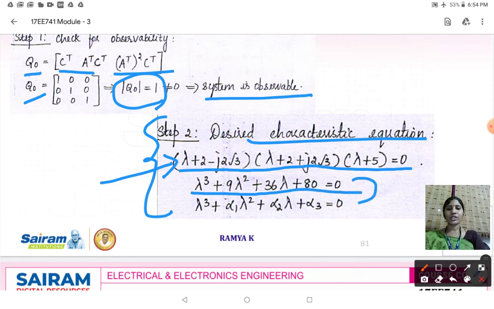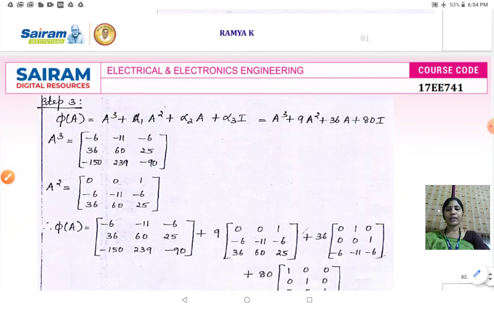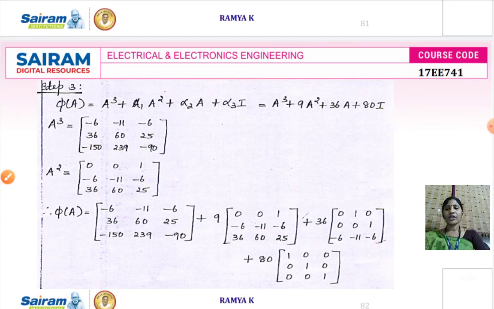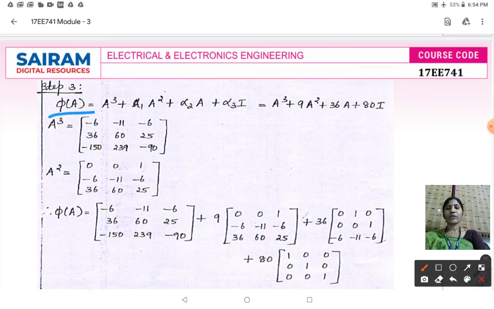This equation is in the form of lambda cube plus alpha 1 lambda square plus alpha 2 lambda plus alpha 3. Once it is done, you have to identify phi of A. Since the order of your state variable is 3, you need to start with A cube, A square, A, identity matrix.